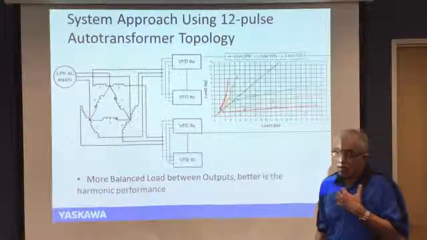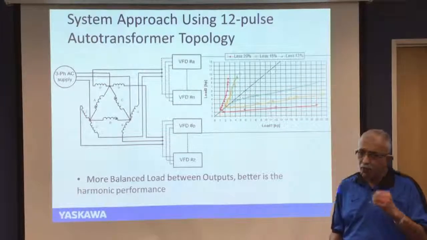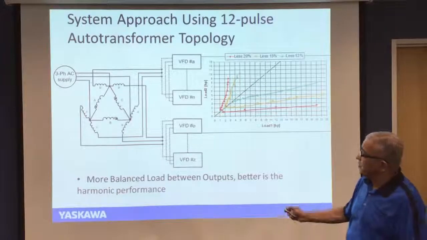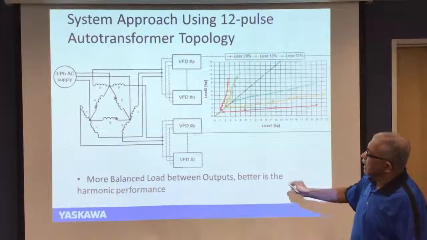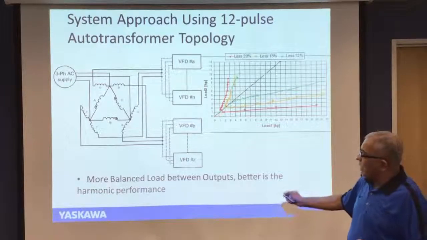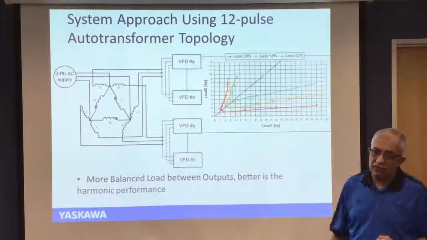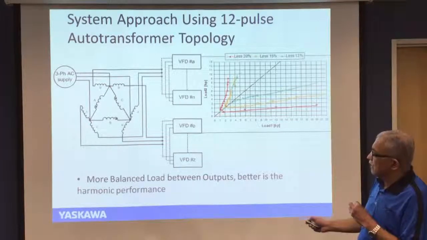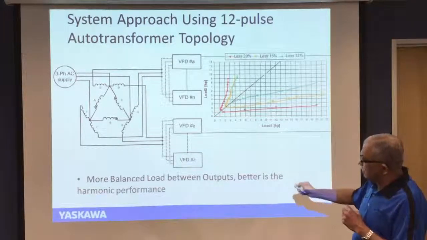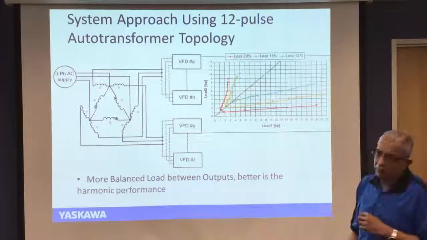The most cost-effective solution, which I feel is the best for most industrial applications, is to use a simple autotransformer and phase shift them and have a bunch of drives on one set of windings and a bunch of drives on the other set of windings, and allow natural cancellation of harmonics onto the power system. We have done many studies like this, and we have seen that depending upon how well these bunch of loads are balanced between this set and that set, you can get very good harmonic performance.